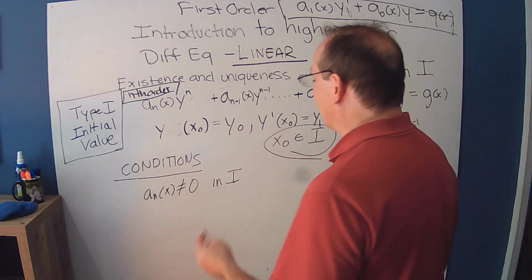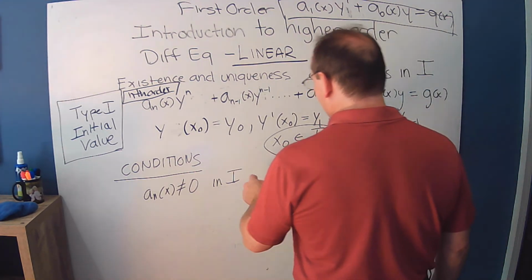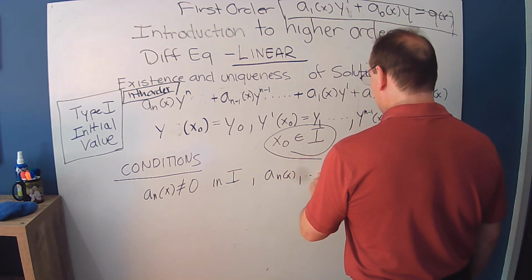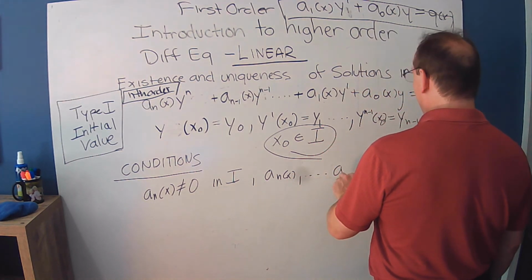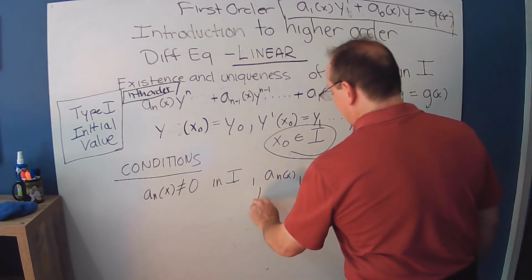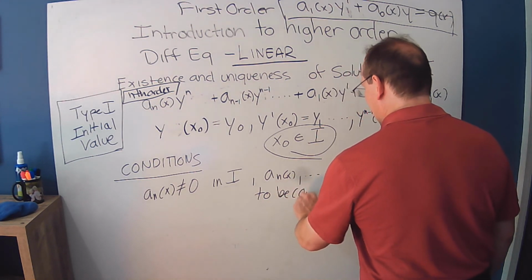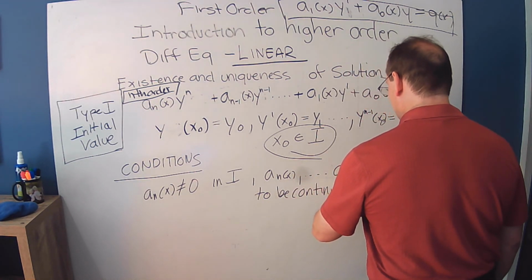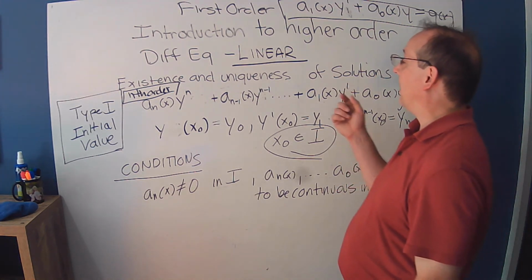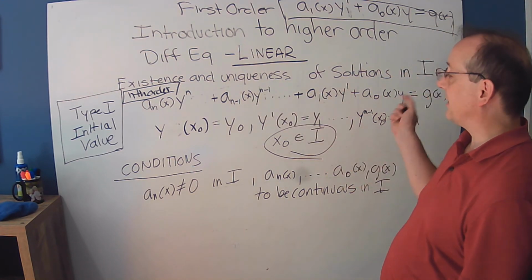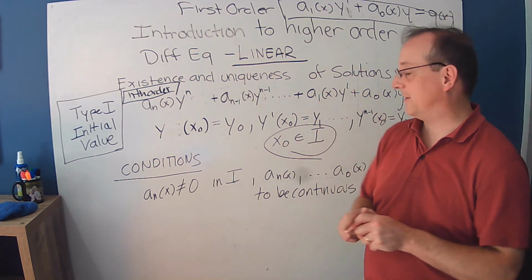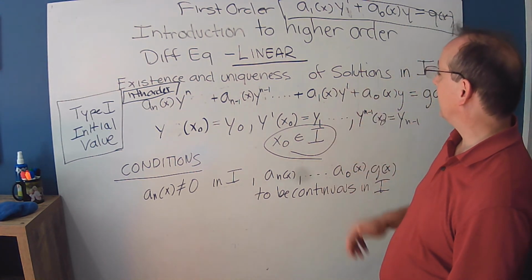And specifically, we also need a_n(x) all the way down to a_0(x), and g(x), to be continuous in I. Whatever our interval I is, all these coefficients have to be continuous for this to have a unique solution.